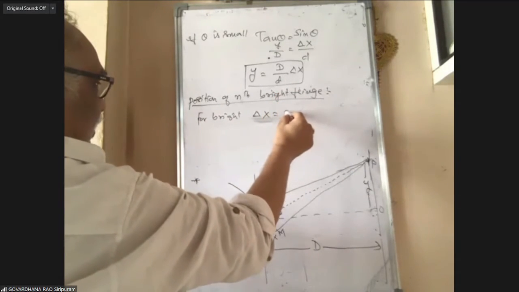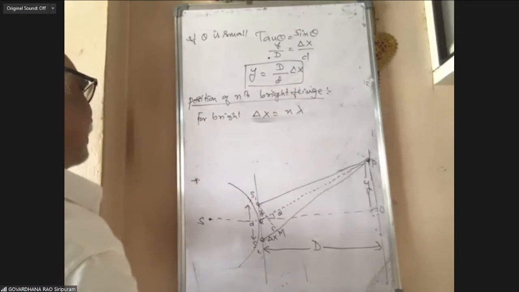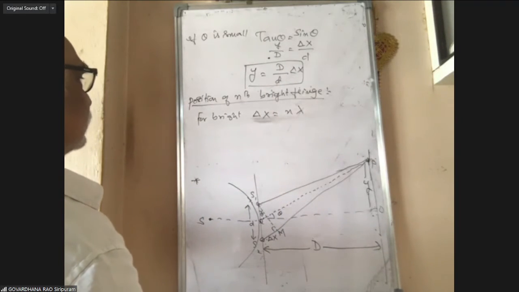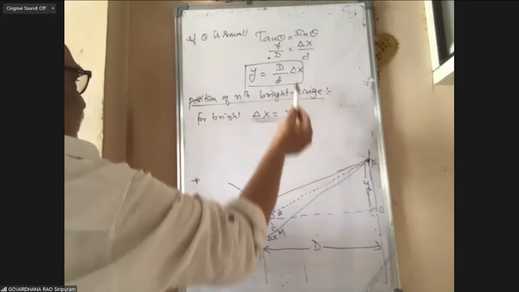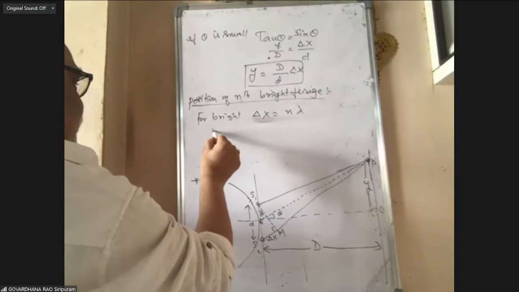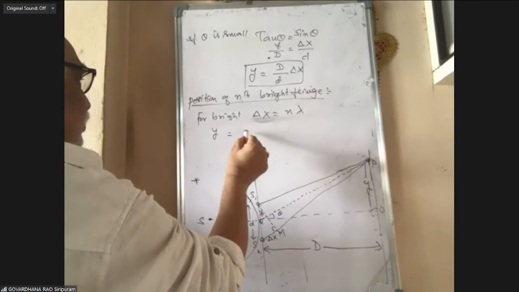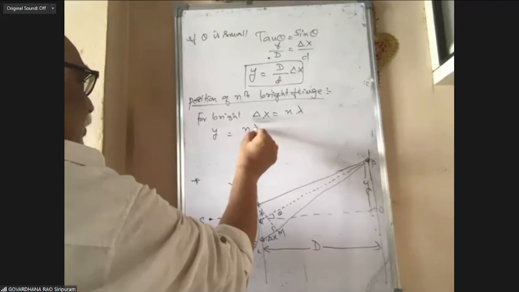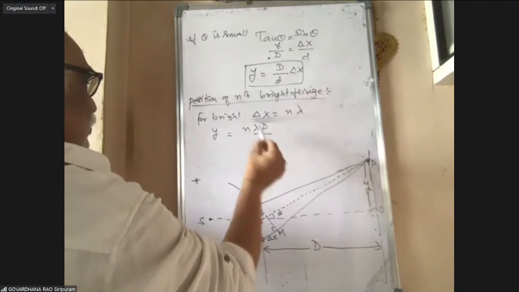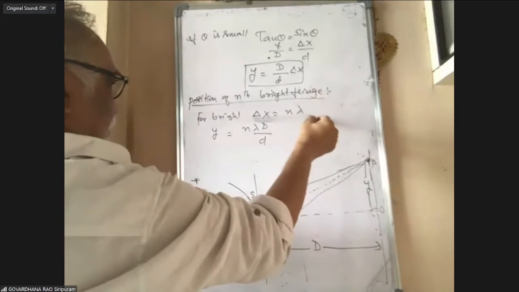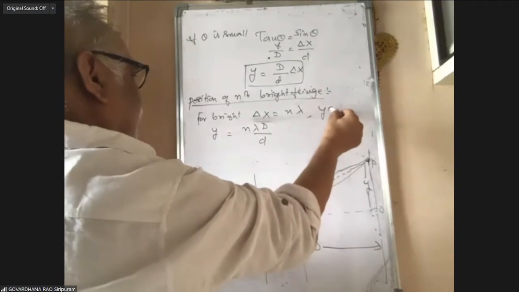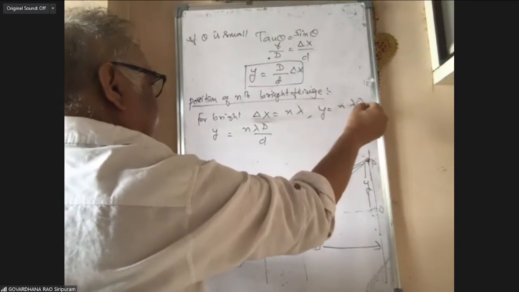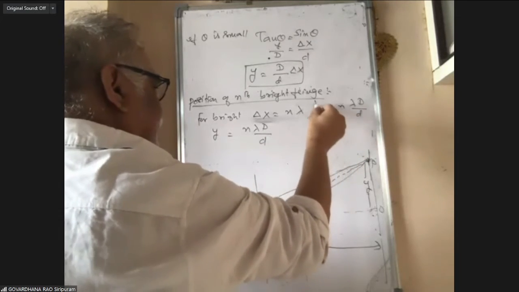Delta x is n lambda, correct? So in the place of delta x, put n lambda. So y equals n lambda capital D by small d.